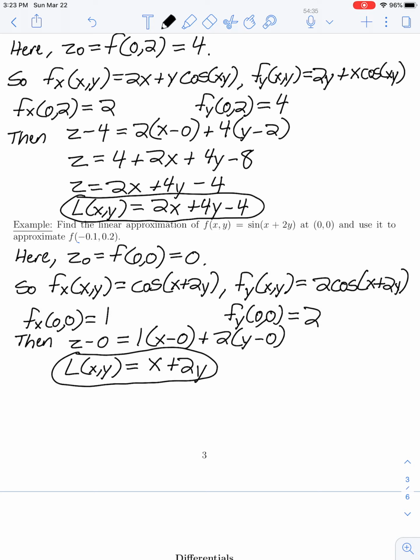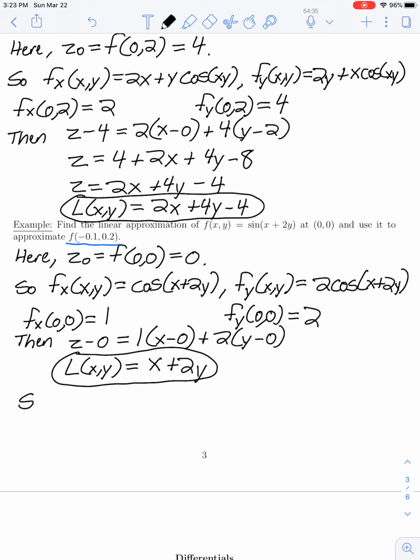So this would be the linearization of our function at the point 0, 0, and we are asked to use this linearization to approximate the value of our function at this point, negative 0.1, 0.2.